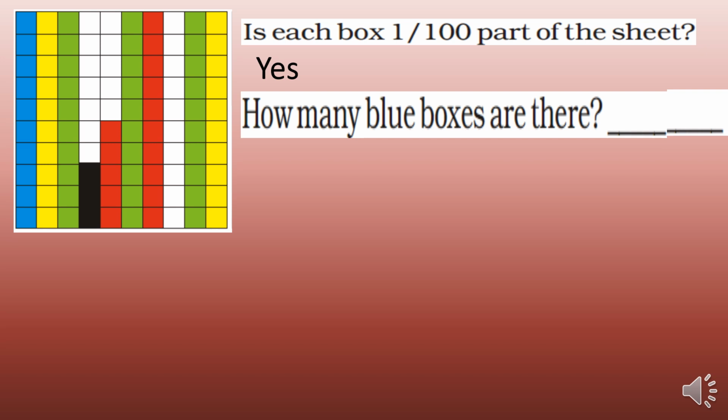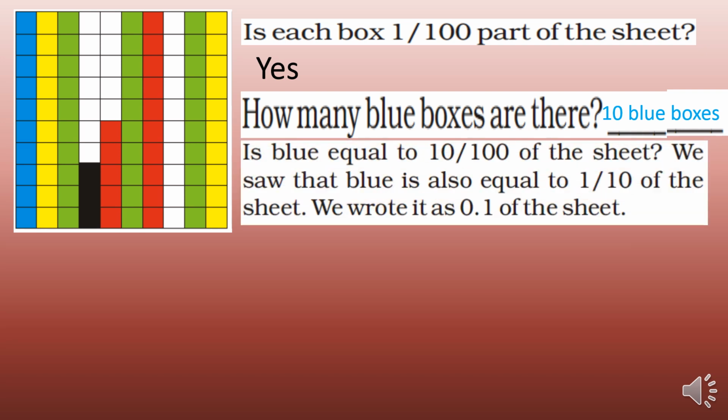So if you remember, in the previous sheet, it was 1/10, right? Now here it is further divided into boxes and we have to count boxes. So it will be 10 blue boxes. Is blue equal to 10/100 of the sheet? Yes, it is.